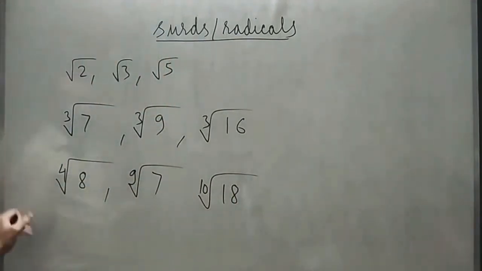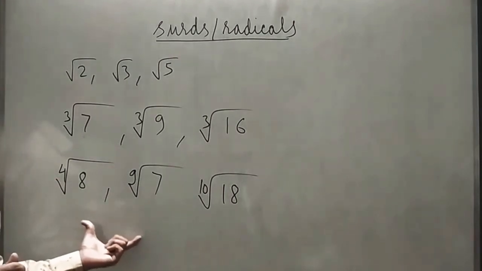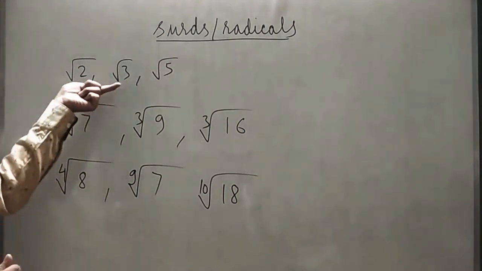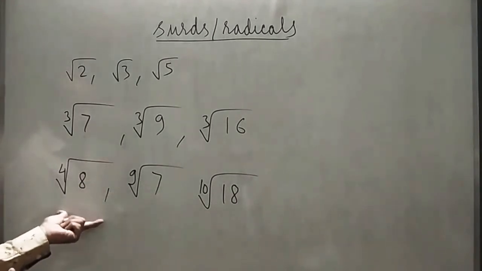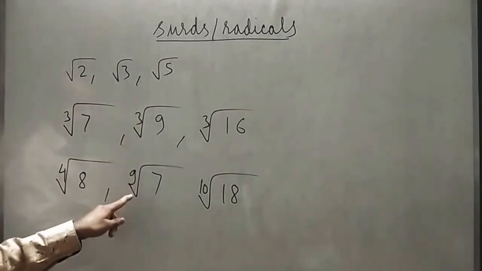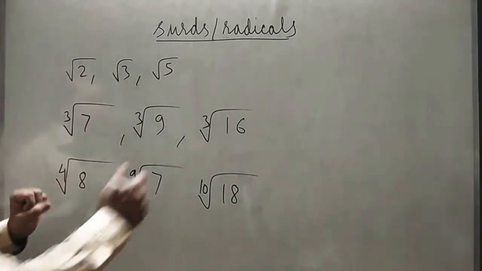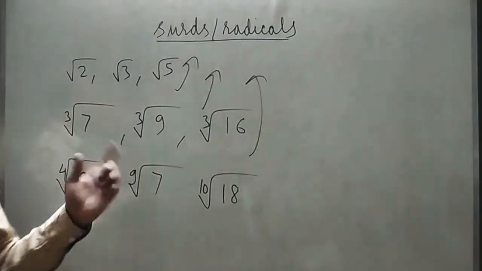So all these numbers are irrational numbers, but we cannot write these numbers as the square of any rational number or cube of any rational number, which means we cannot remove this sign, cube root, 9th root, 4th root. So these are nothing but surds, a special type of irrational numbers, not in decimal.